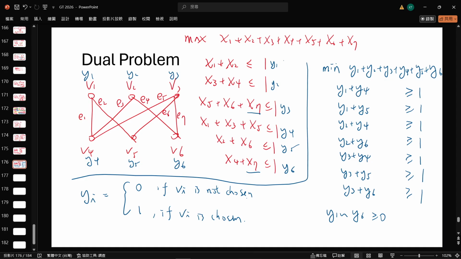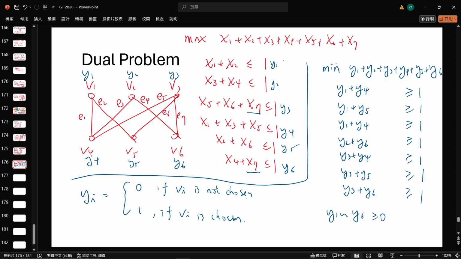So this is a very common trick, okay? Whenever you want to pick some elements from a universe, you create a binary variable for every element. So whenever it's 1, it says it should be chosen. If it's 0, it means it's not chosen, okay? So this is a pretty standard way, okay?